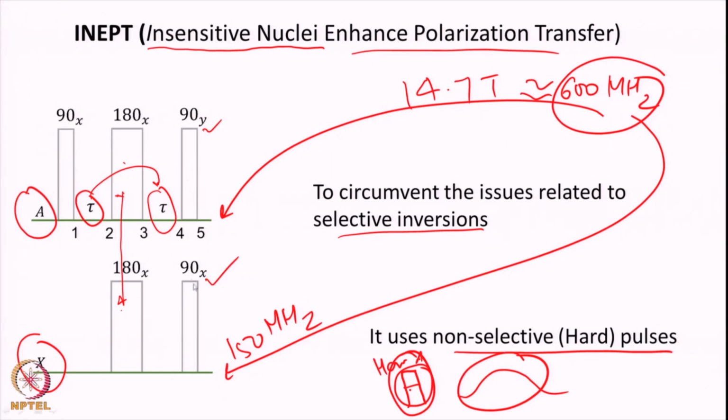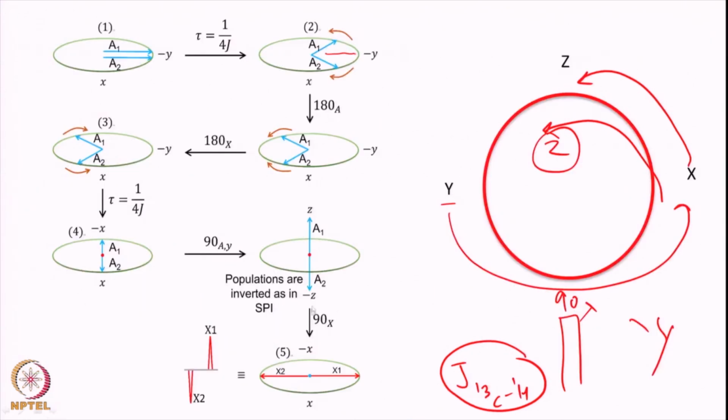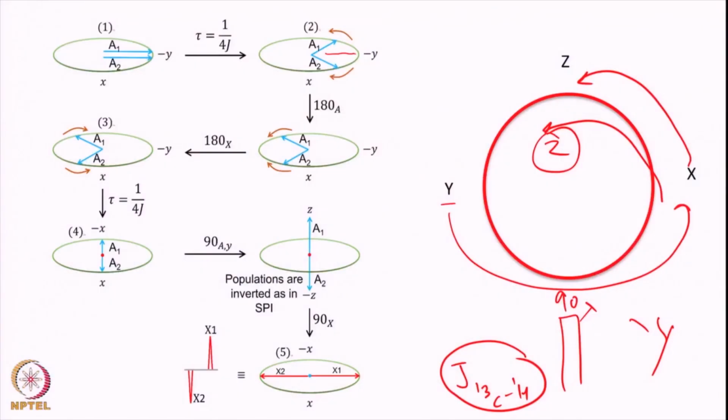Next we apply a 90-degree x pulse, and here population inversion happens. We started with both transitions in the z direction, but at this stage we inverted one of the spins. Then we apply a 90-degree x pulse on the X spin and selective polarization enhancement happens on the X spin.